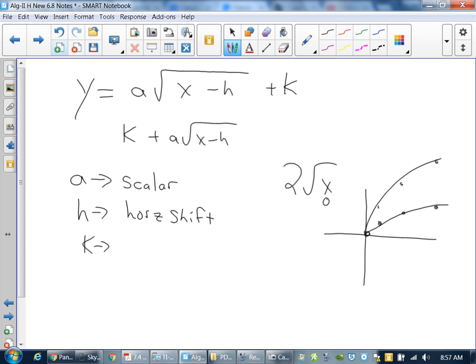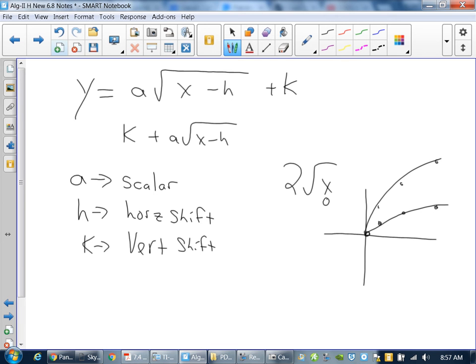And then k is going to be your vertical shift. So what we're going to do here is plot a generic graph. Pretty much the easiest thing to do is to plot a generic graph, take the 4 points and shift them. To be honest with you, that's always the easiest, but there are other ways of doing this as well.